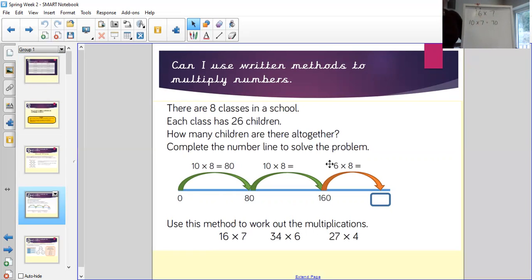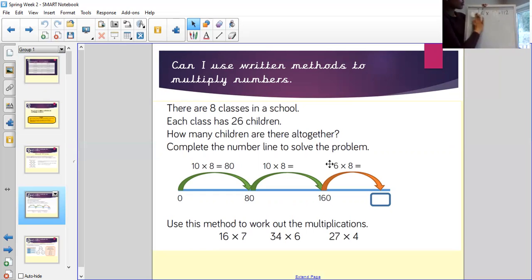And then I'm going to do the next part of my question, which is 6 times 7, which equals 42. And then I'm going to add them together. So 0 plus 2 is 2, and 7 plus 4 is 11. So my answer to 16 times 7 is 112.